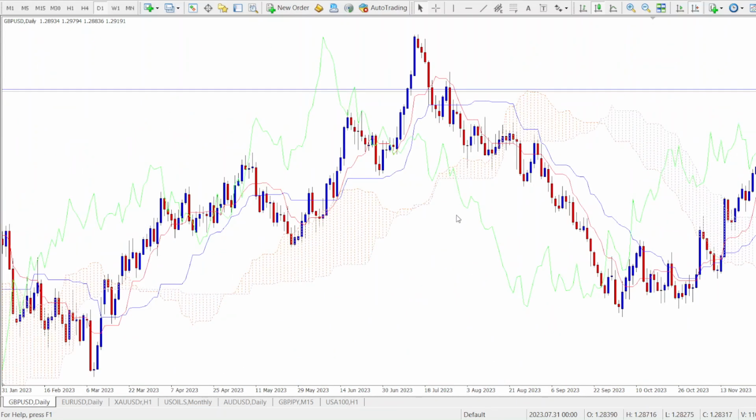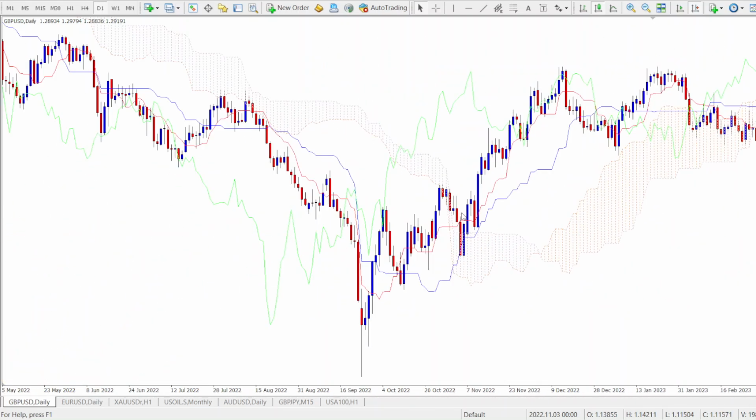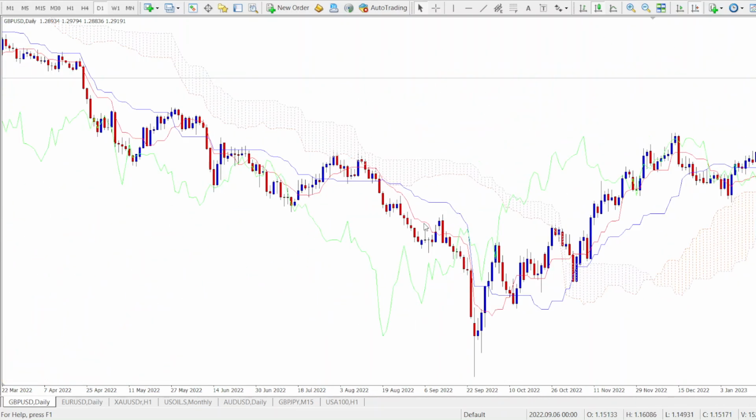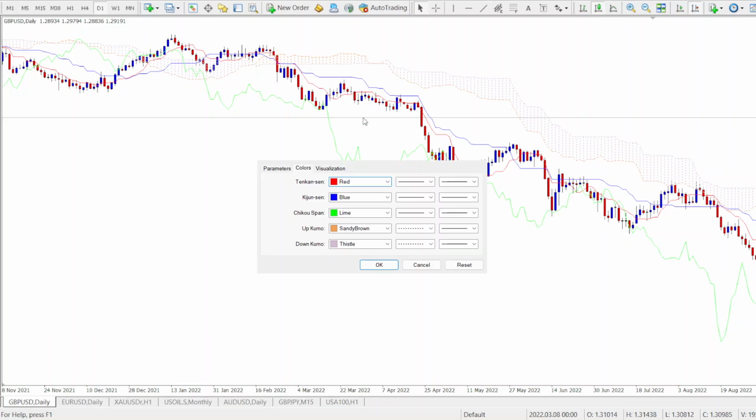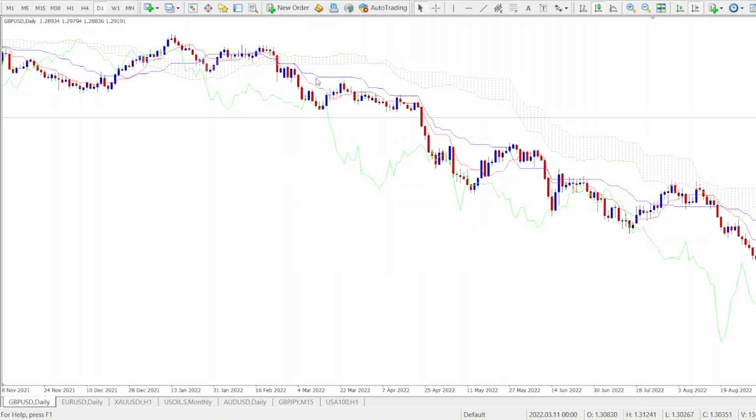Like for example, let us see if we can find a cross. We can see in this example we had the Kumo cloud here, and price broke below it, meaning that the Kumo Cloud turned into a resistance. And then we had the Tenkan-Sen cross below the Kijun-Sen, and that happened below the Kumo Cloud.